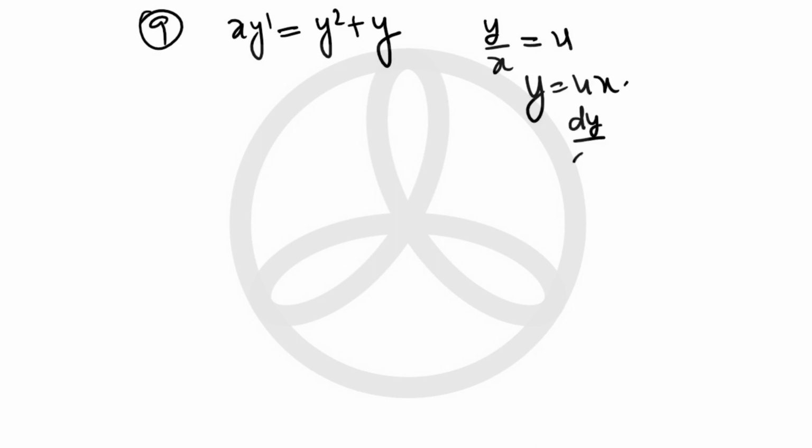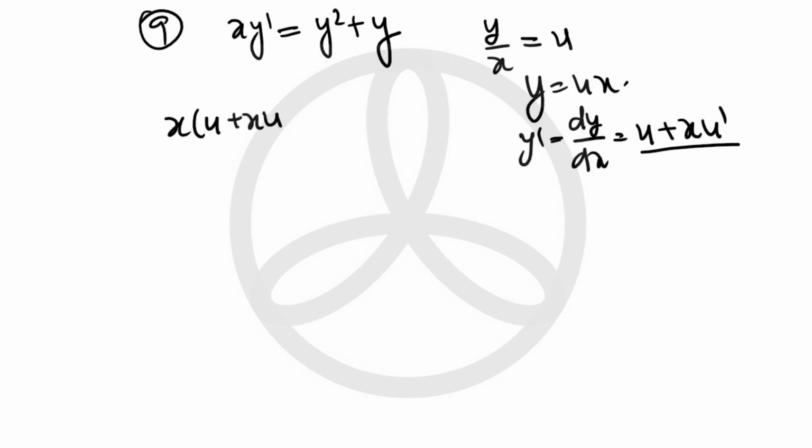We get dy/dx is u plus x u prime, or du/dx, and this is nothing but y prime. So we replace y prime with this, so we get x u prime is equal to, instead of y square, we can substitute this in ux.